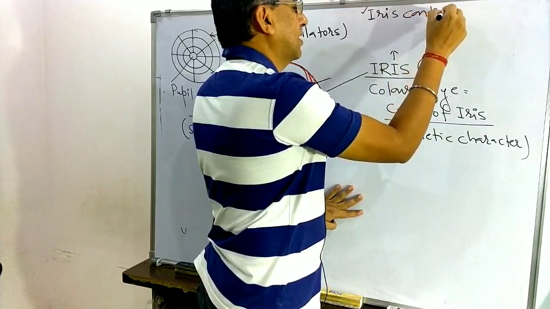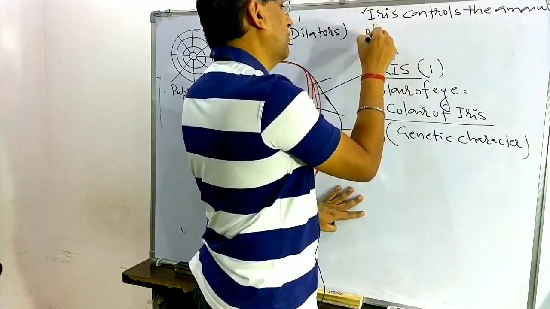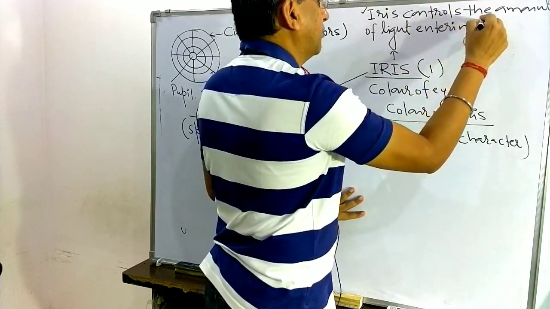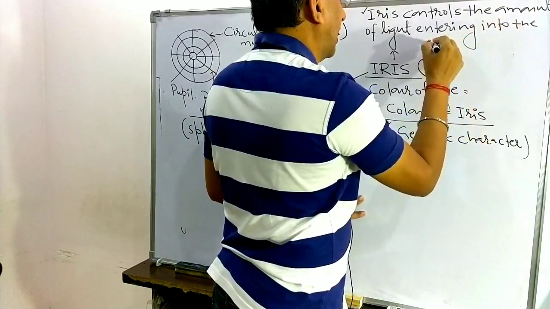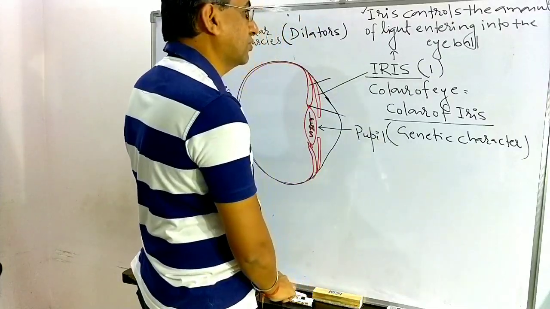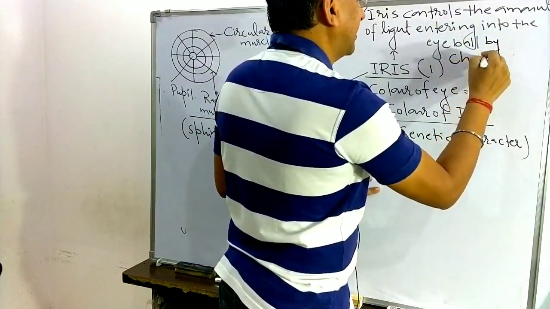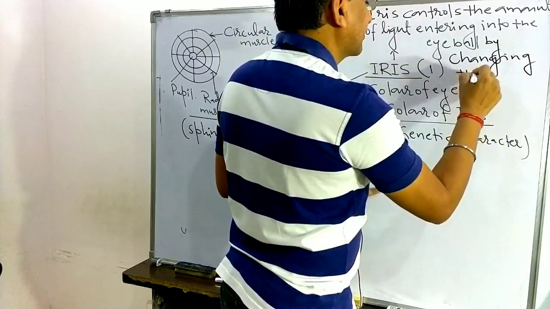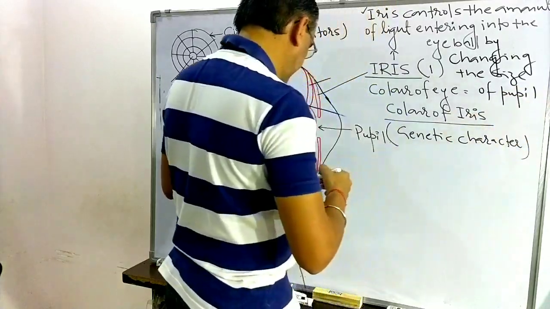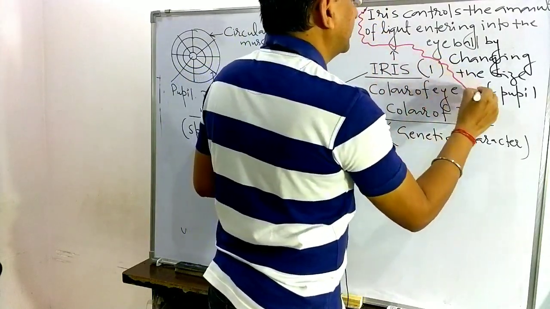The iris controls the amount of light entering into the eyeball by changing the size of the pupil.